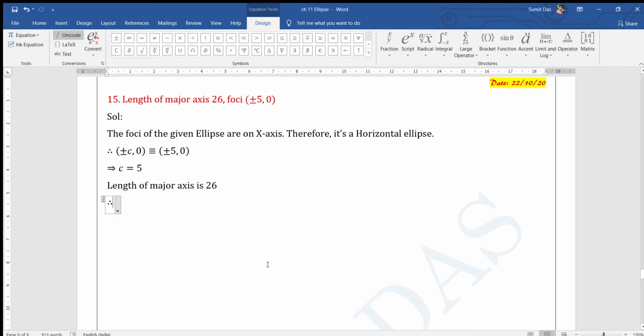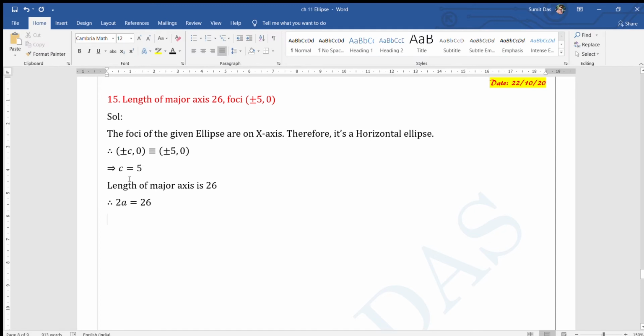Yes, 2a. Therefore 2a equals 26. So a equals 26 by 2, which is equal to 13. Okay, so look, the a value you already got.